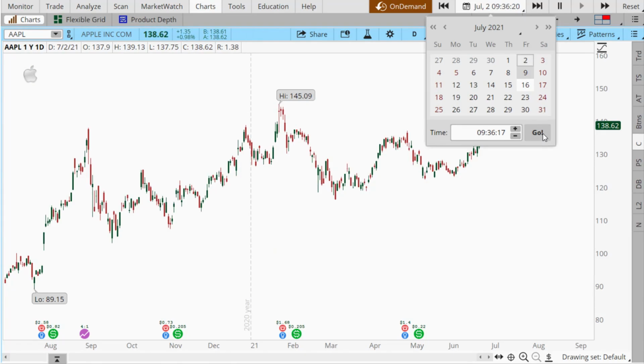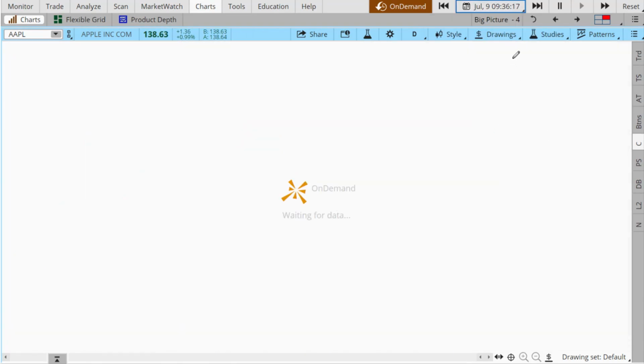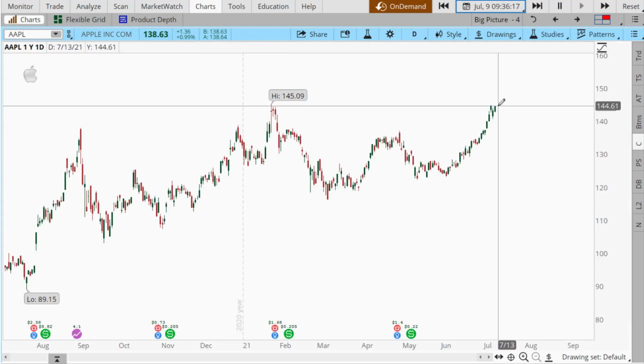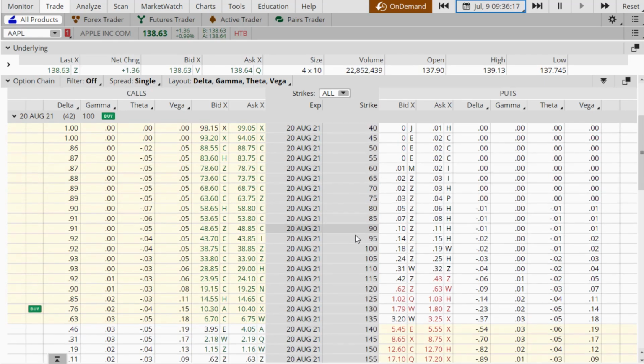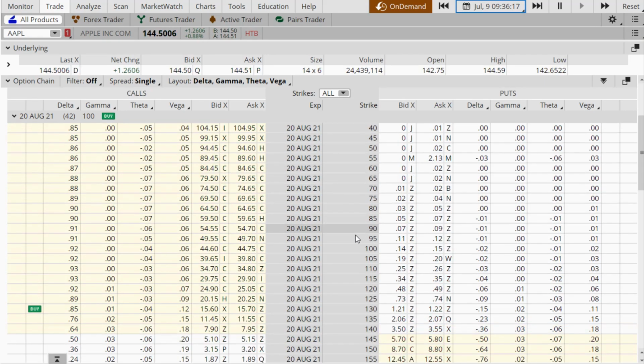After another week, a week later, we have now hit target 2. And by the time we reach that position, we've hit our secondary target, and our option, which we bought for $4.90, we can now sell for $15.60 at target 2.